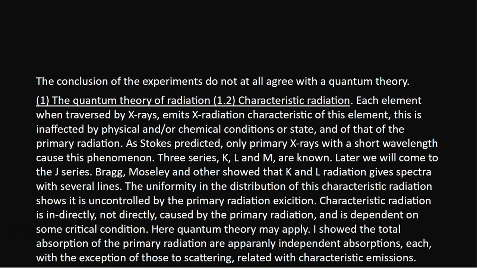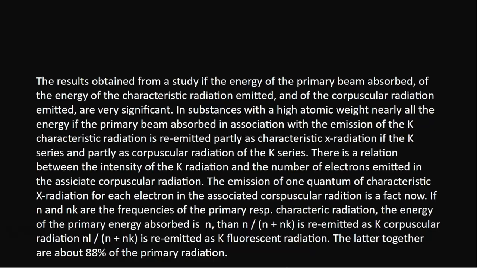Here quantum theory may apply. I showed the total absorption of the primary radiation to be apparently independent absorptions, each with the exception of those scattering related with characteristic emissions. The results obtained from a study of the energy of the primary beam absorbed, of the energy of the characteristic radiation emitted, and of the corpuscular radiation emitted are very significant.